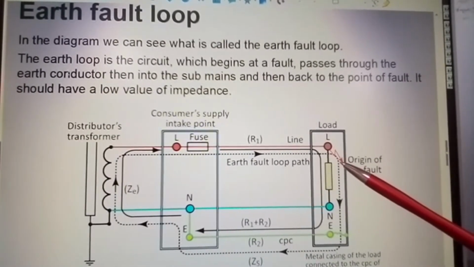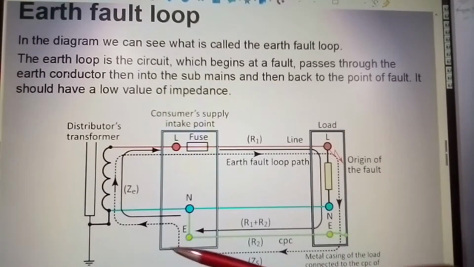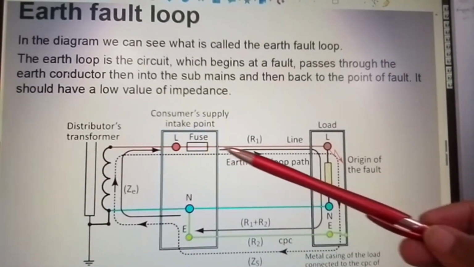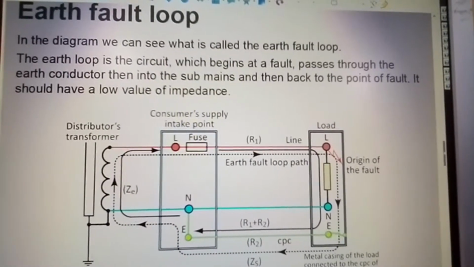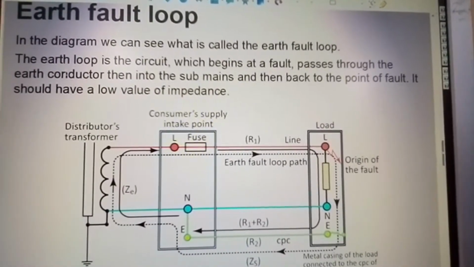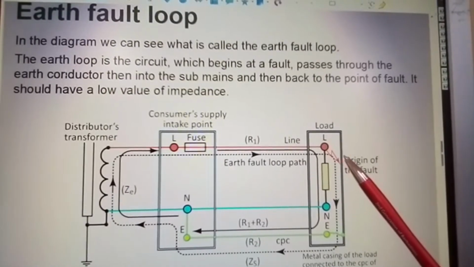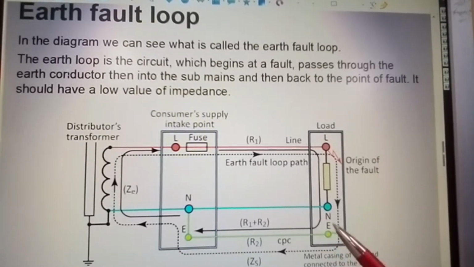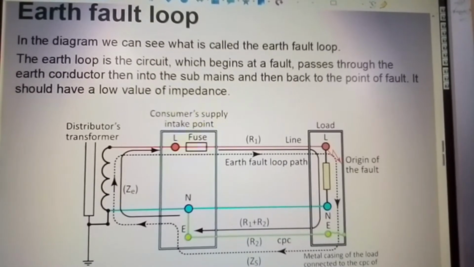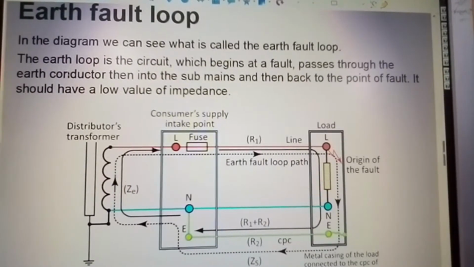So earth fault loop impedance, and again Ze, has to be taken into account, because your earth fault loop impedance needs to be so low that it causes a high current to flow down to the ground, causing your protective device to function and protect your appliances.